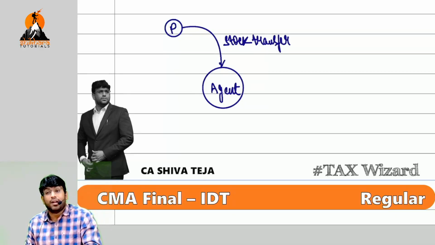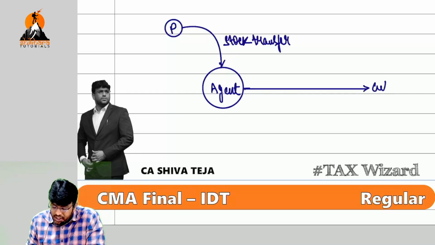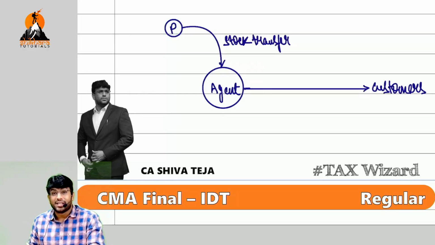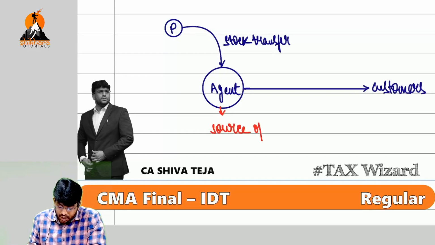That means it is not sale of goods. Correct, no friends? And this agent will supply the stock to whom? Customers. For which agent will get what? Exactly. Very good answer. Agent source of income is nothing but commission.